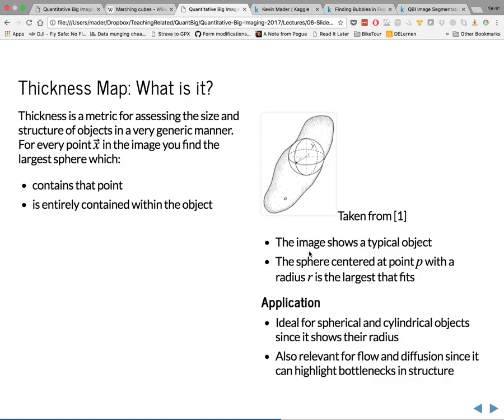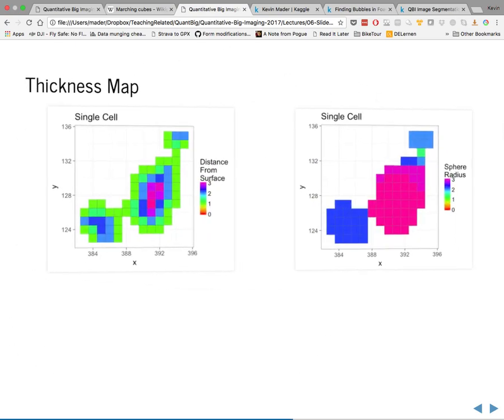While that's not the same definition as a distance map, it does sound quite similar. And so rather than going through the image at every point and trying to find the largest sphere inside your object that fits at that point, which is very, very time consuming, we can use the distance map and the skeleton to help us get to a much quicker response here.